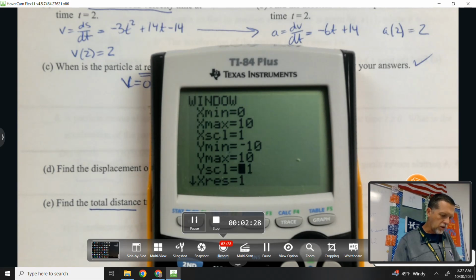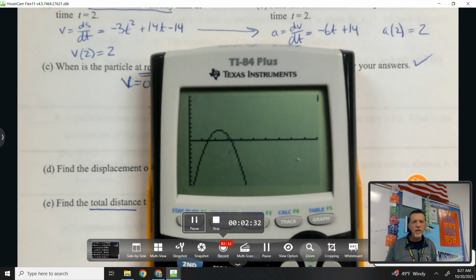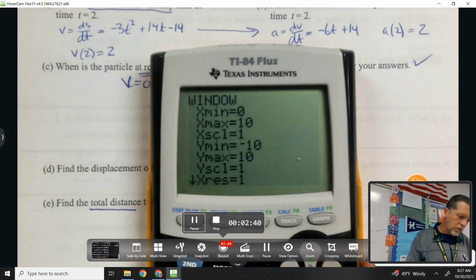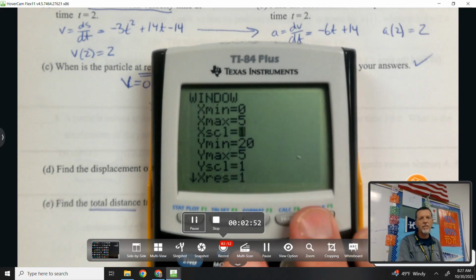So I'm just going to go 0 to 10 for time, and negative 10 to 10 on y values. So it looks like I don't need to get all the way up to 10, but I should probably go lower than negative 10. And it looks like after 2 or 3 seconds it's headed off toward negative anyway.